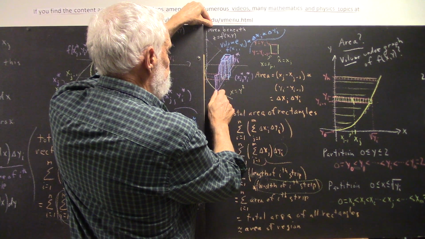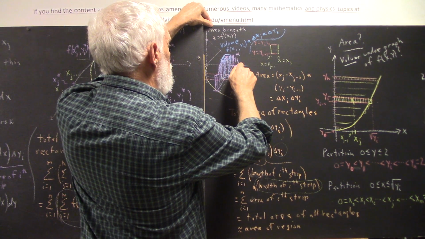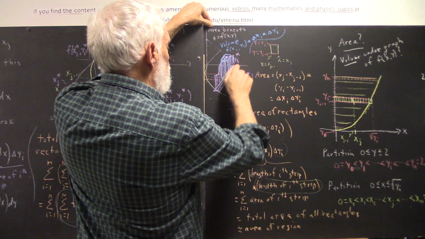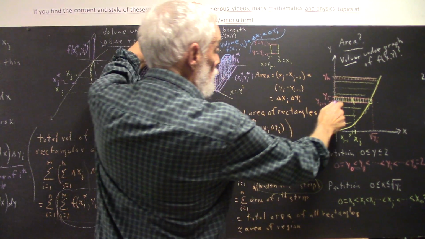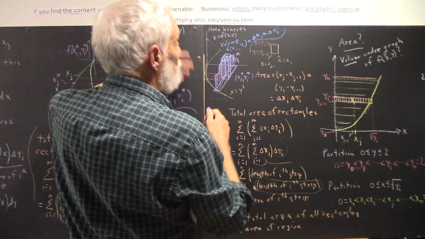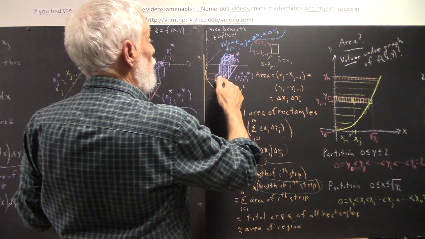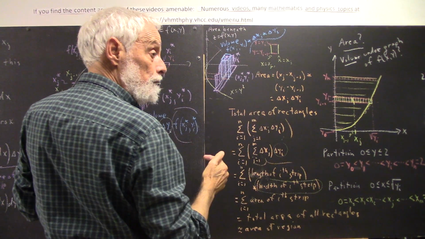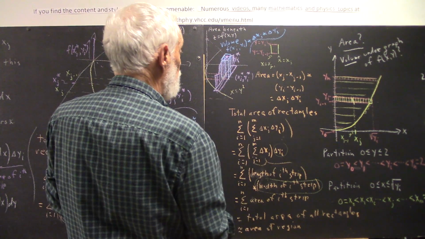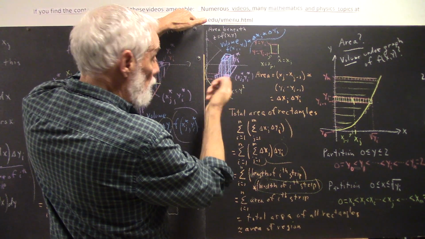The volume of the region of the graph corresponding to this strip, again being this strip, is going to have, well, the approximate volume above this strip is going to be equal to the area of this graph, which we can get by integrating f of x, y sub i star, times the width of the interval, which is your delta y sub i.